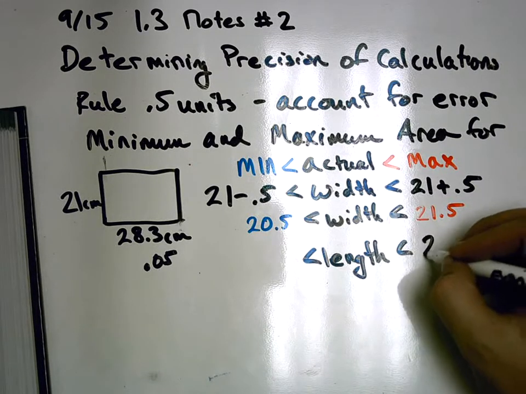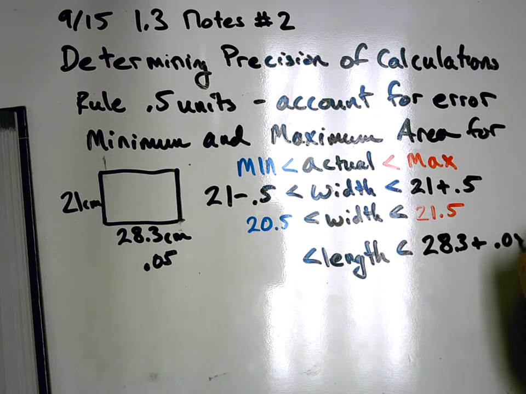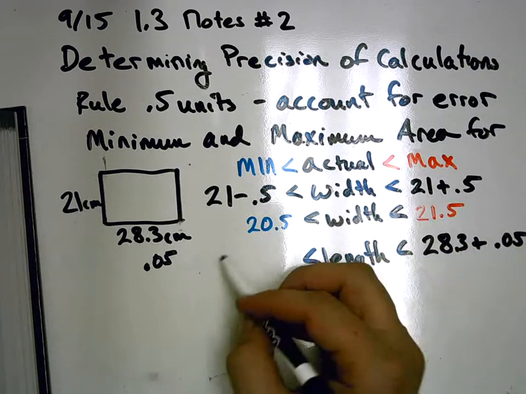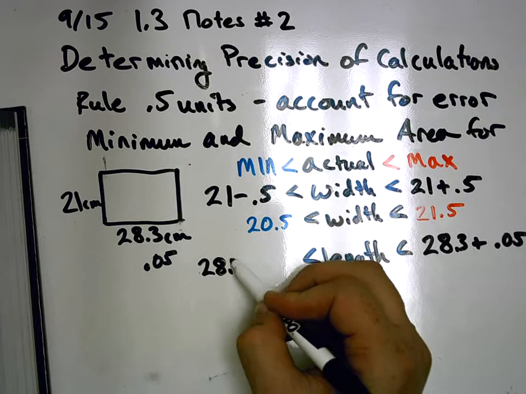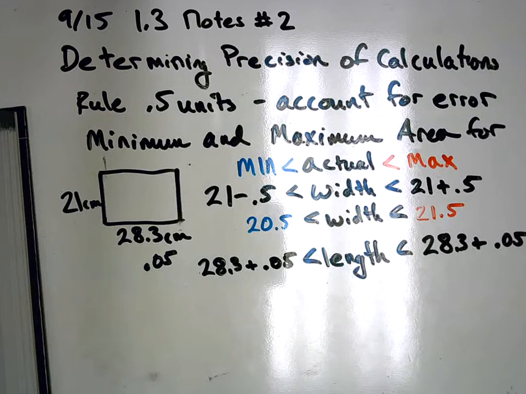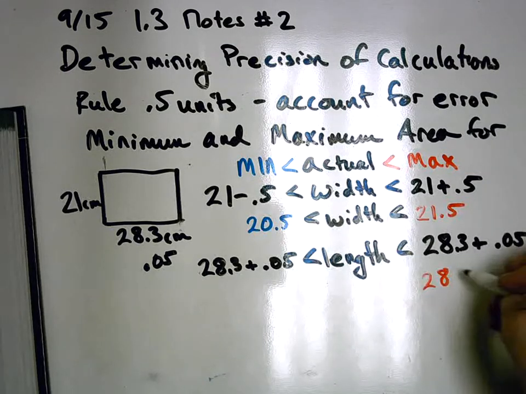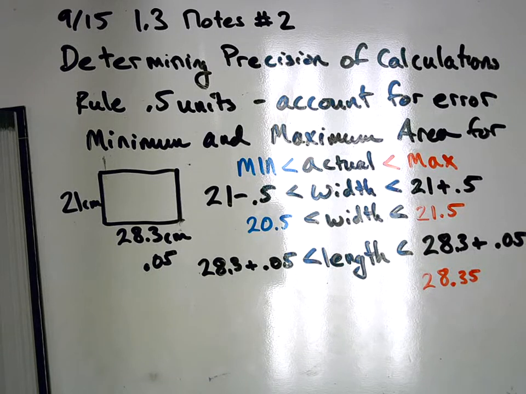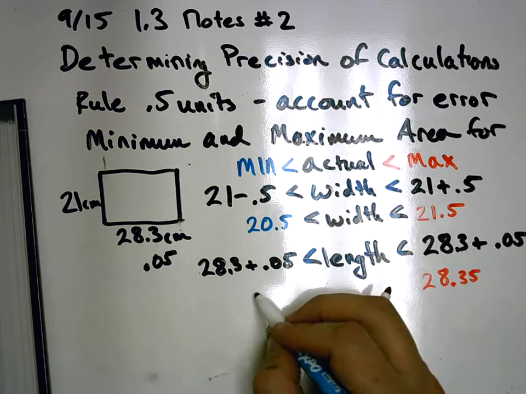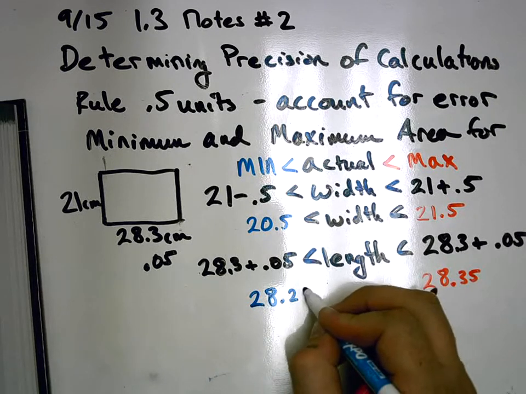So 28.3 plus 0.05. And that gives us the maximum length of 28.35 and the minimum length of 28.25.